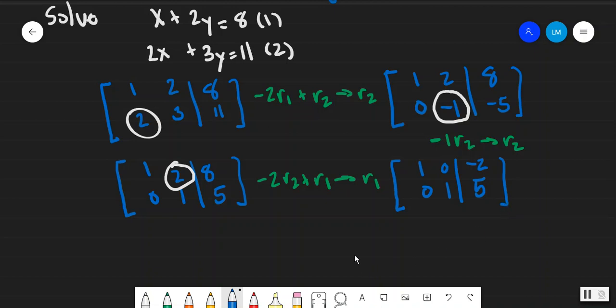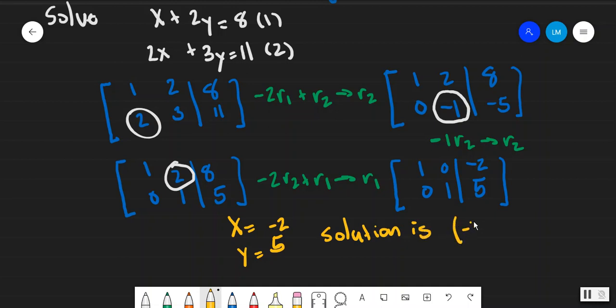So here, this tells us that x is equal to negative 2 and that y is equal to positive 5. So that means that the solution is negative 2 comma 5.